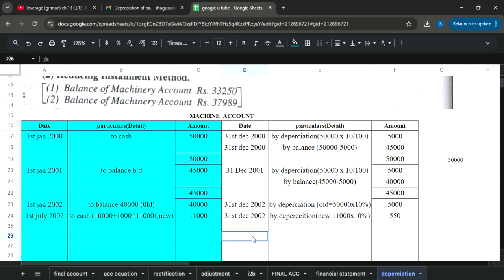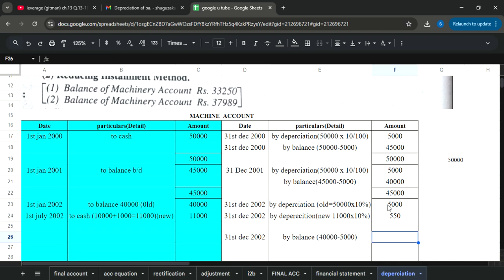In the similar way, now it's time to calculate our balances on 31st December 2002. So first balance, and how you will calculate: this is the larger sum 40,000, smaller sum 5,000. So 40,000 minus 5,000, this is depreciation 5,000, and now you will write the balance.